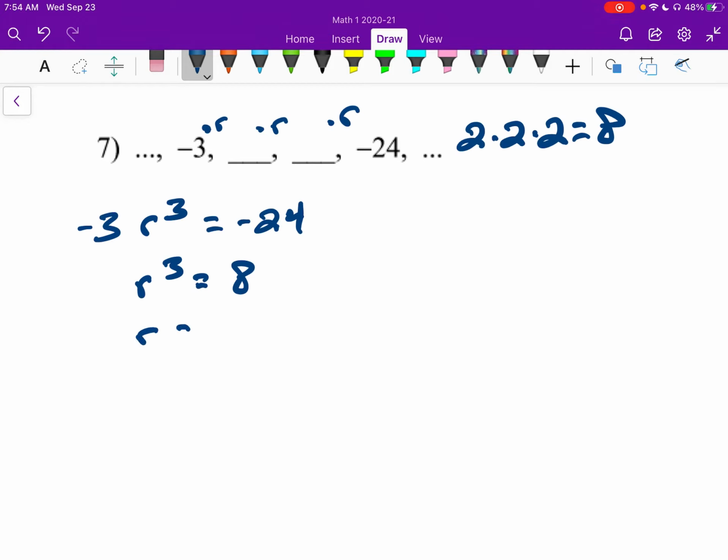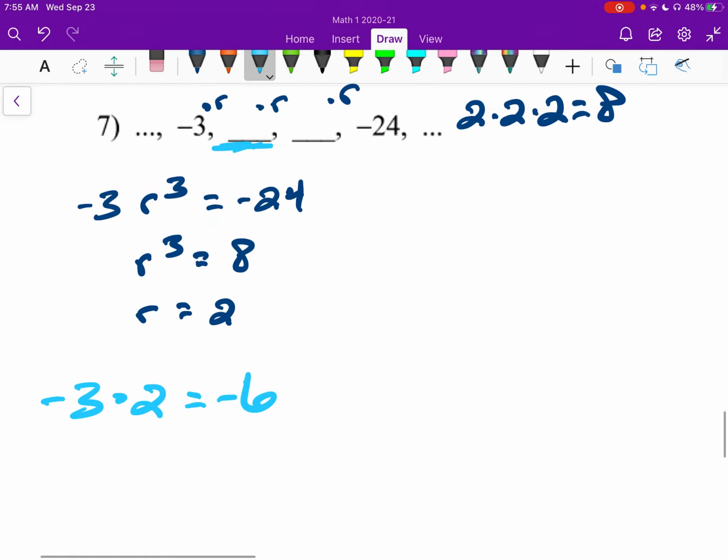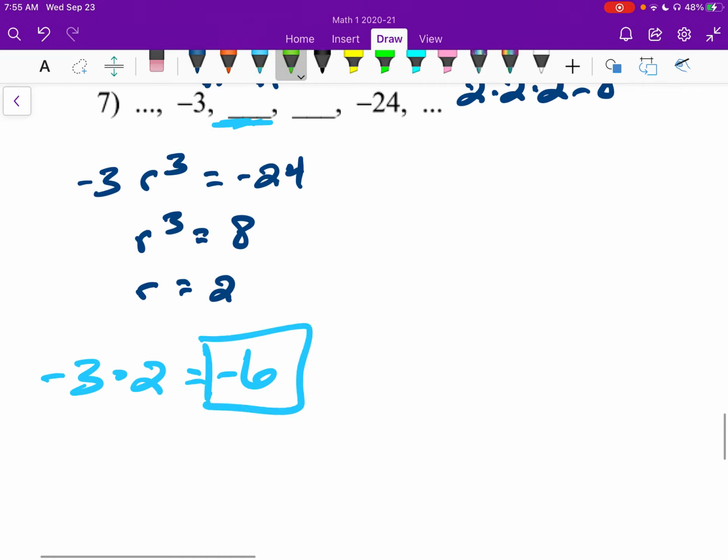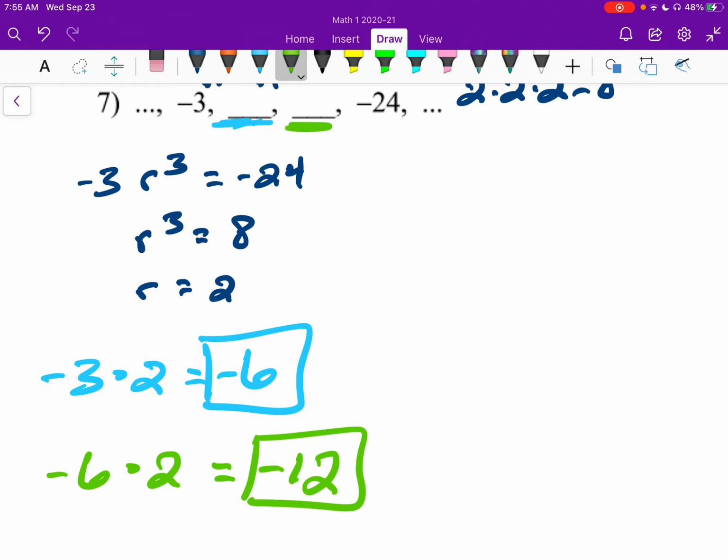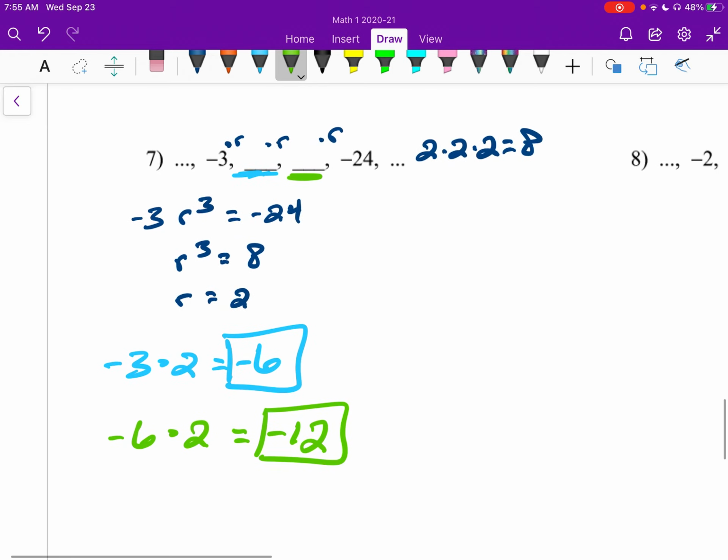So r is 2. Negative 3 times 2 is negative 6. Then to find the second blank, negative 6 times 2 is negative 12. And in our head, negative 12 times 2 is negative 24, just to double check ourselves.